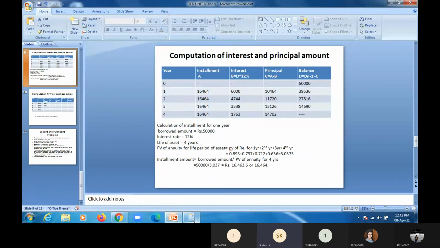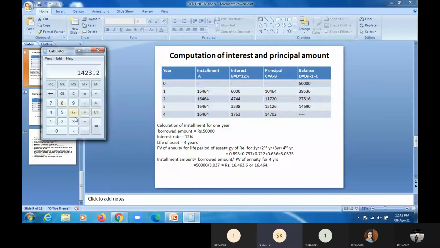Next comes the third year value. Third year it is 3,338 into 30%, you will get 1,001 rupees.